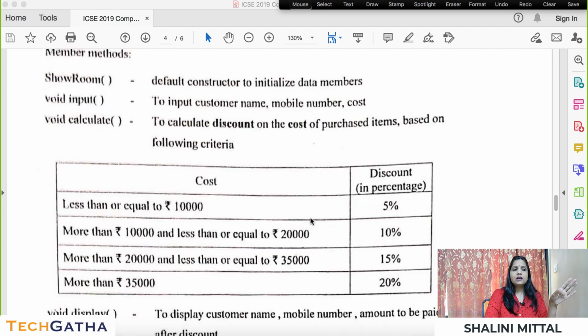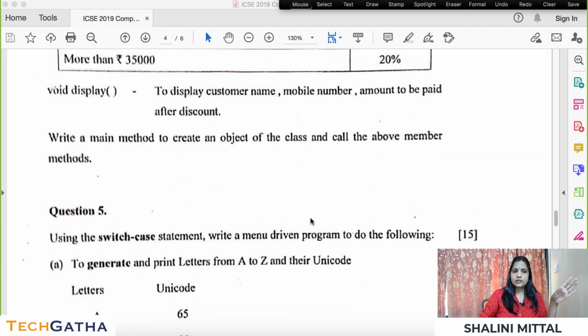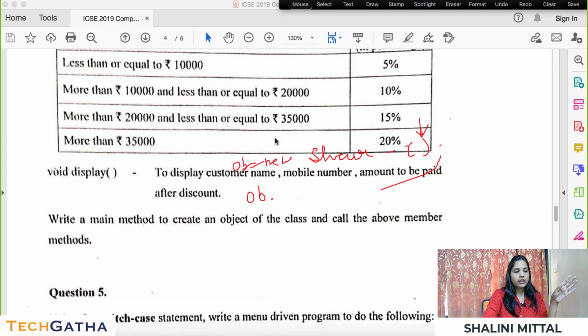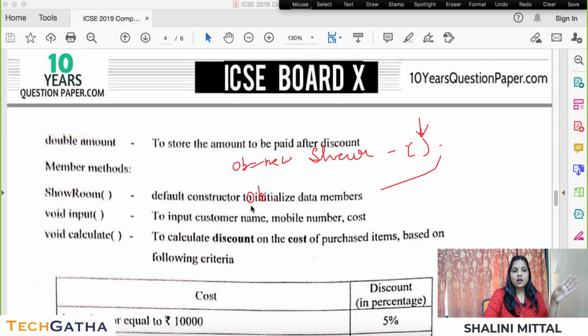In that case, when you are creating the object of this class, you say Showroom ob = new Showroom(), you write the syntax, and then you can say ob dot, or pass in the values for the constructor. If you see over here, it says default constructor to initialize data members, input to input the name, mobile number, cost and calculate.